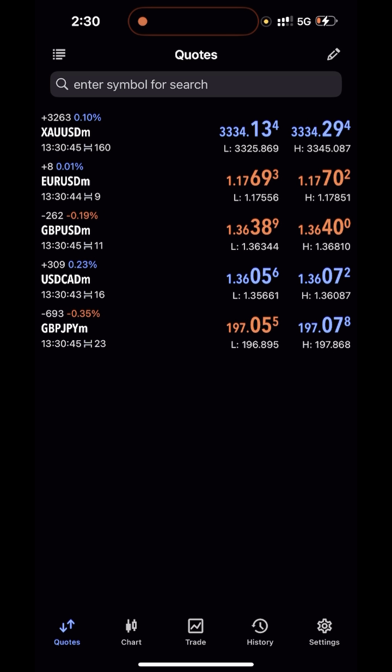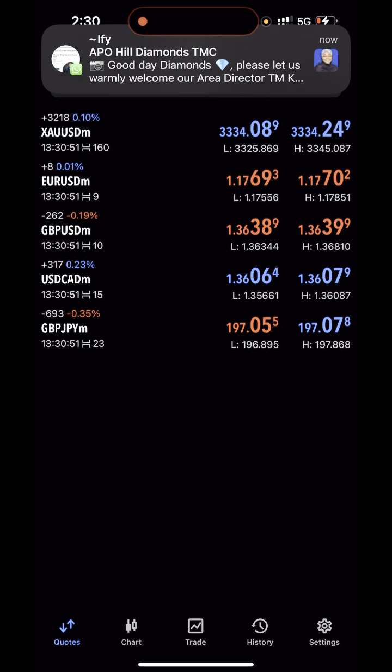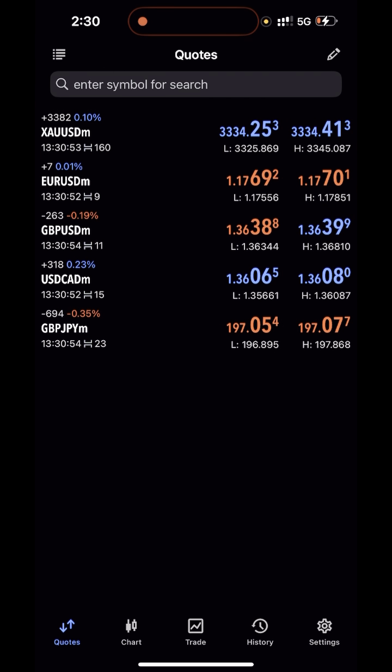So here, EUR/USD: the euro is the base currency. GBP/USD: GBP is the base currency. USD/CAD: the United States dollar is the base currency. GBP/JPY: the Great British Pound is the base currency.